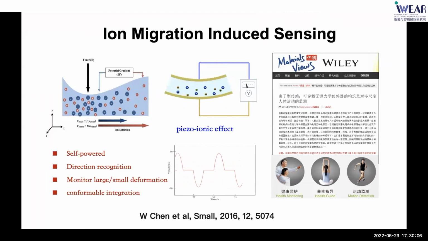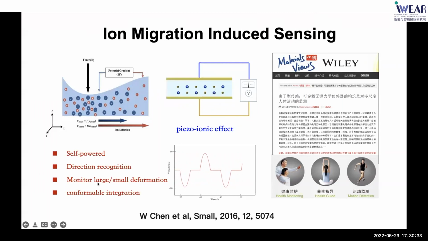Compared with other capacitance or resistance principles, our sensing principle is quite unique. For example, we do not need electrical power, it's self-powered. And it can also recognize directions. If you bend up and bend down, we can recognize the bending directions.